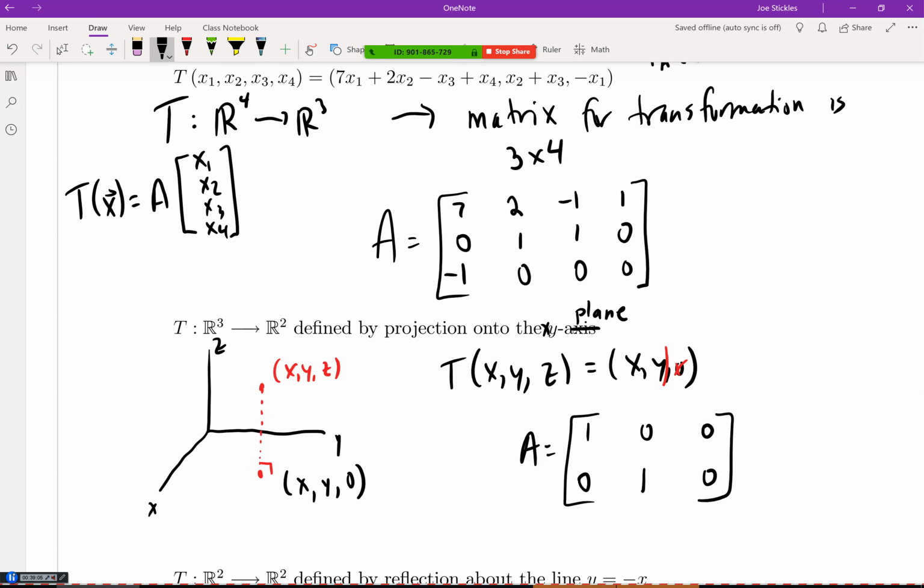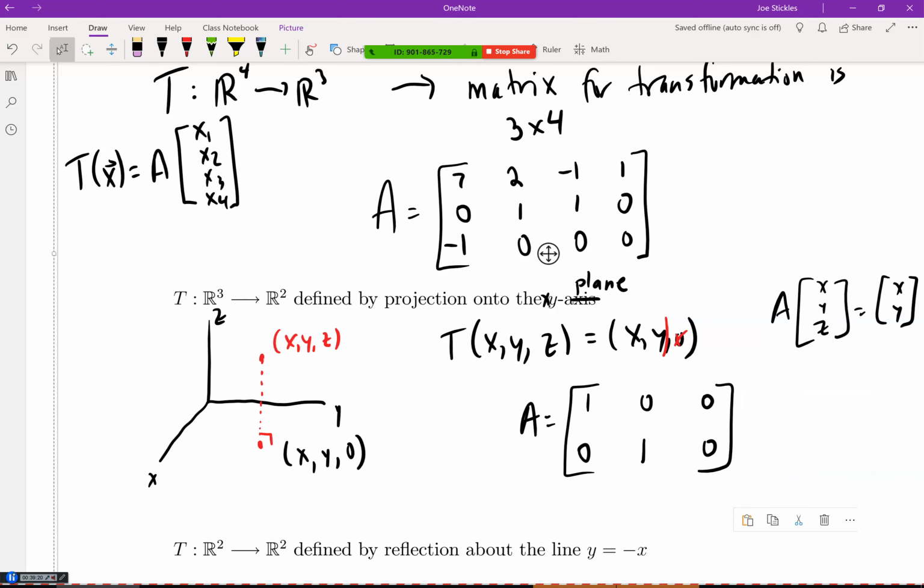And you'll notice that if you take this A times x, y, z, all you get is xy. I apologize for the slight goof up there.